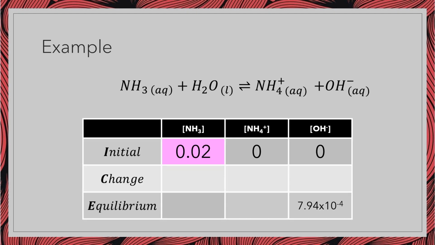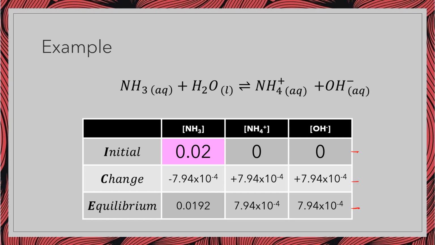So we have those initial conditions and we've got a final condition, so we can calculate the changes. Because we go from 0 to 7.94 times 10 to the negative 4, that's a change of plus 7.94 times 10 to the negative 4. Because they're all 1 to 1, that number should be the same, except it should be going up on the product side and going down on the reactant side.